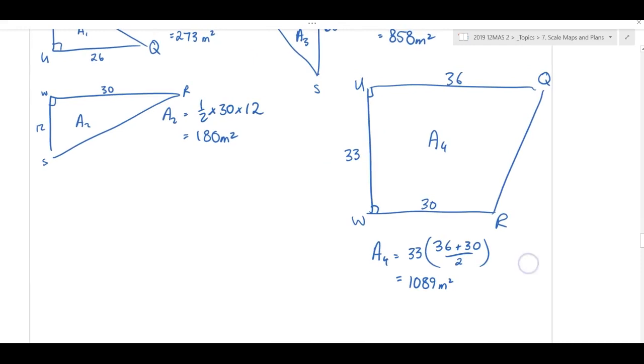So finally, my area is equal to the sum of each of those smaller ones. That's 273 plus 180 plus 858 plus 1,089.